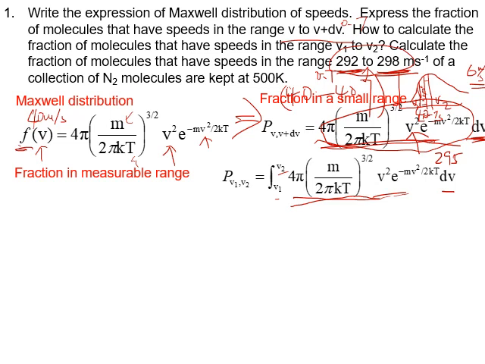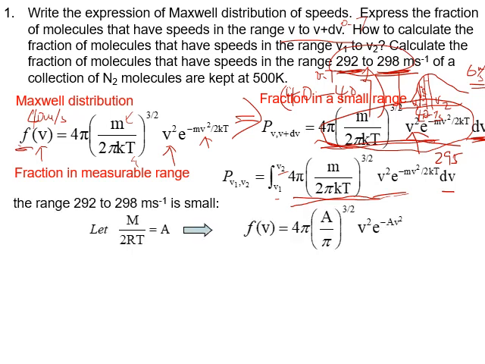Now to calculate this one, there are ways. You can just plug in all the data, but here, just for simplicity, we replace m divided by 2 pi kT. Now, k times Avogadro's number gives you R, and m times Avogadro's number is the molar mass.